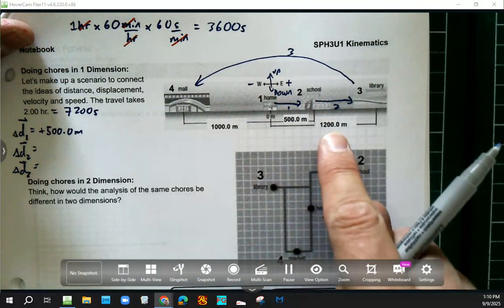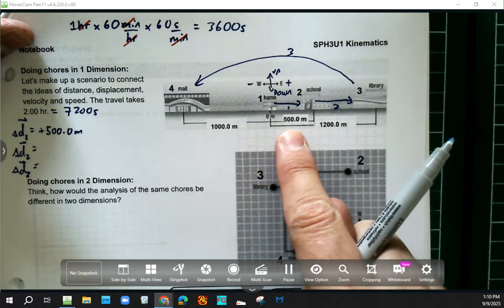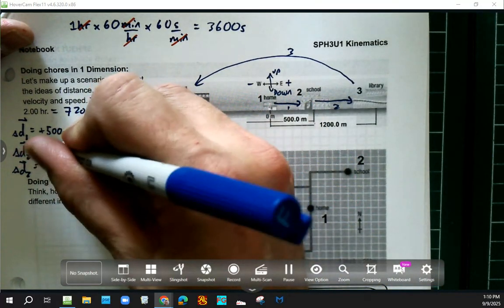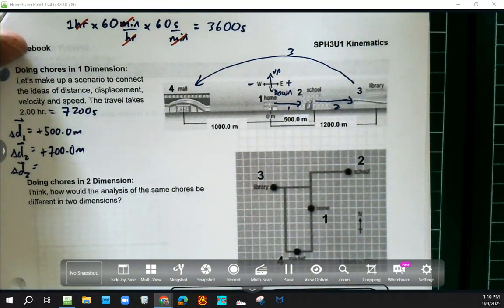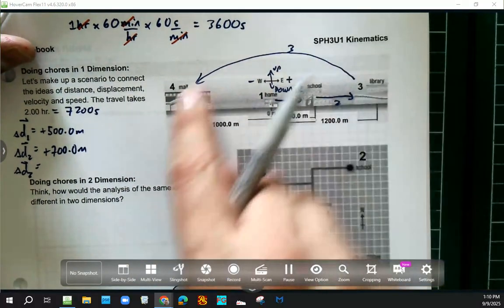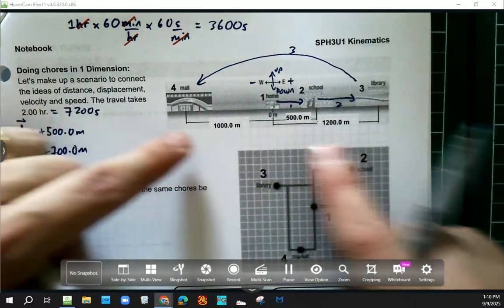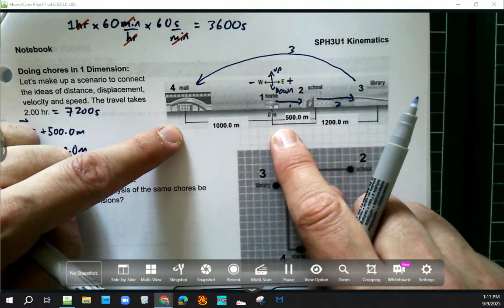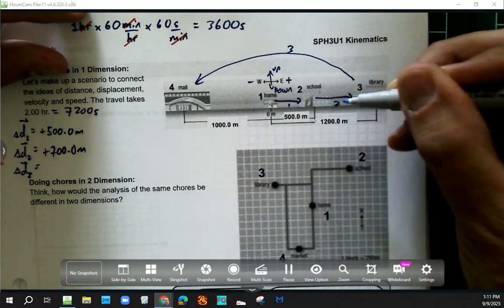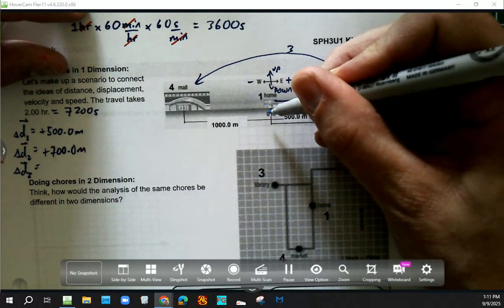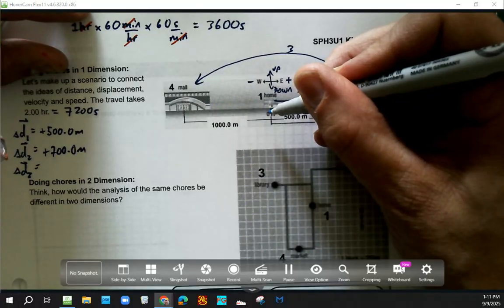Looks like it, right? 1,200 minus 500. See that? And then displacement 3. 1,700. Is it? 800. It's hard to say. I thought the mall ends down at school. You think so?